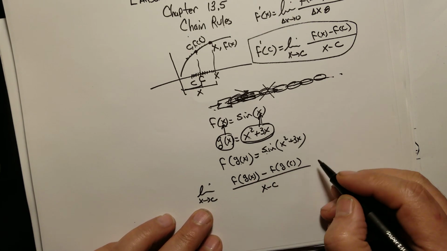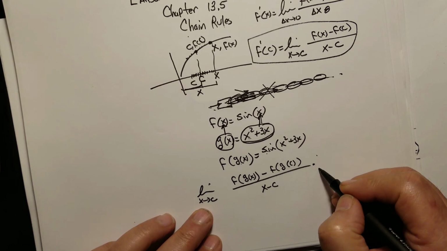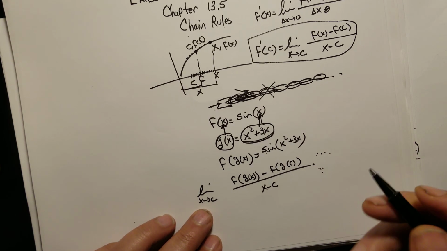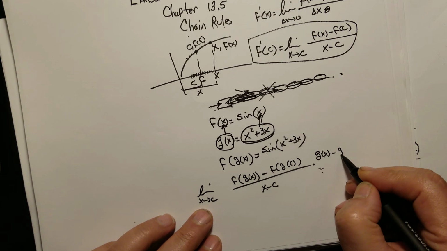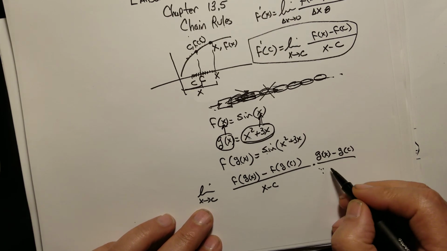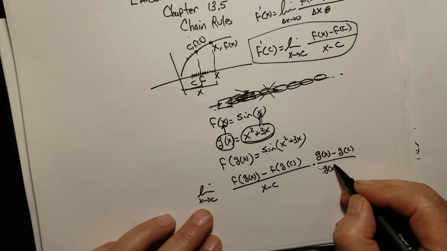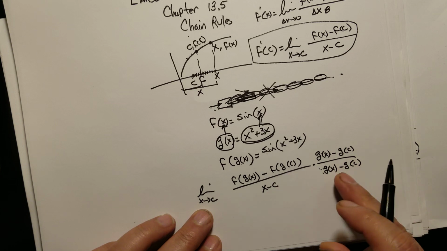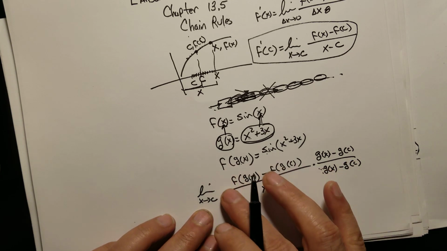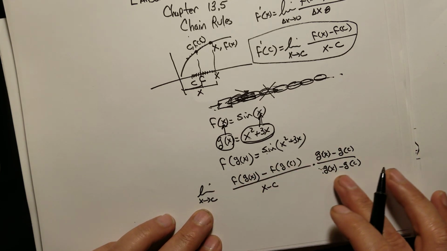What I'm going to do right here is multiply the top and the bottom by the same quantity, which means 1. I'm going to do this as g of x minus g of c over g of x minus g of c. This is nothing except multiplying by 1. Therefore, this quantity has not been changed.